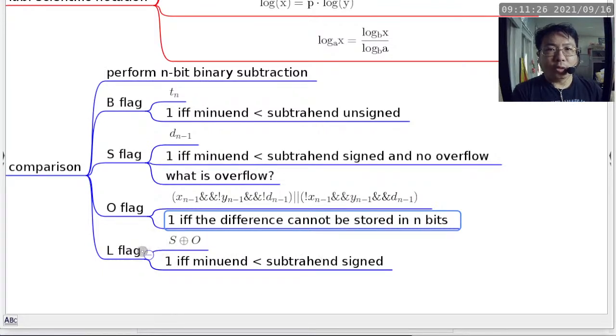So it is, quote unquote, an improved version of the sign flag. Okay, because the sign flag is okay to use if and only if there's no overflow. Because when there's an overflow, the S flag will be opposite to what it is supposed to be. The L flag, on the other hand, takes care of that because it is combining the S flag and the overflow flag using exclusive OR.